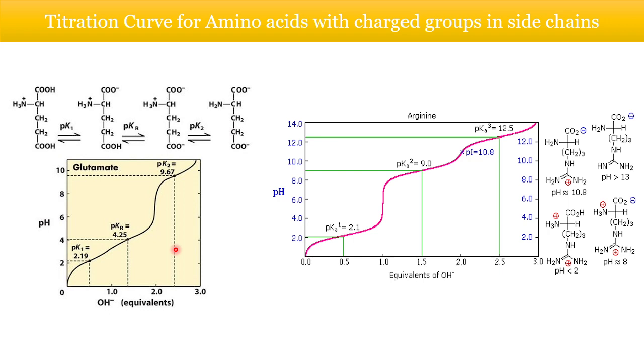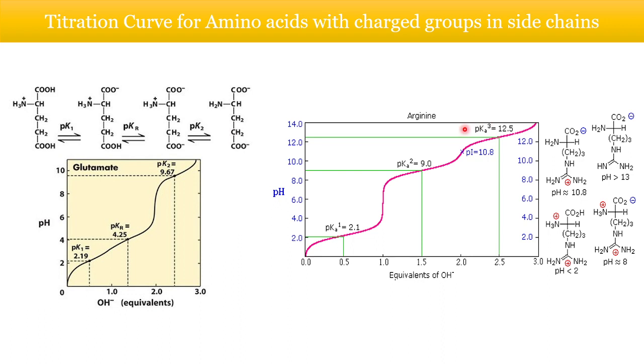Now what happens when the side chain contains a charged group, a carboxyl group or an amino group? Here we see glutamate, or glutamic acid, and here arginine. When there is glutamic acid, there is an additional carboxyl group in the side chain.